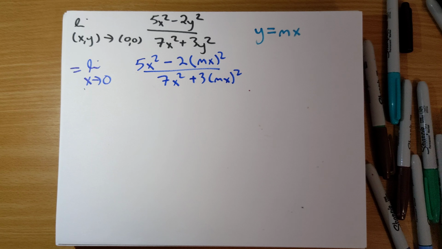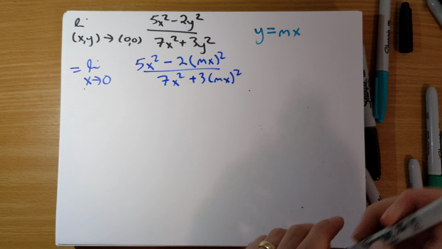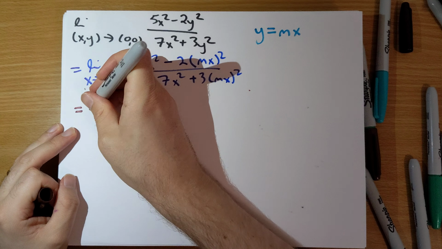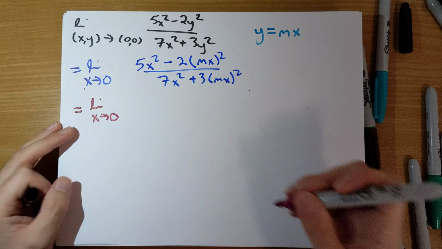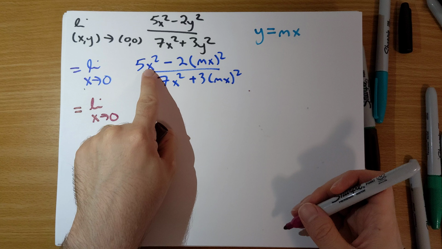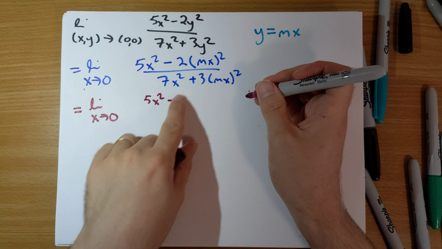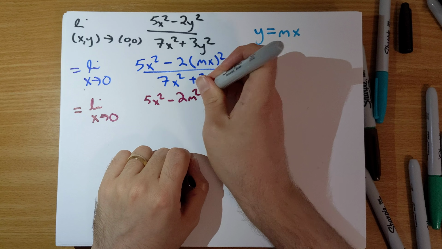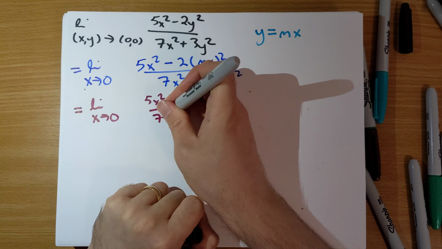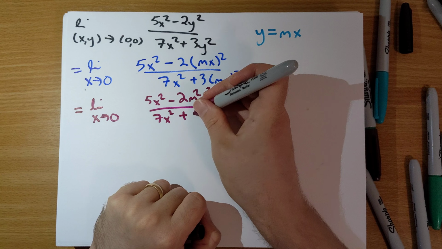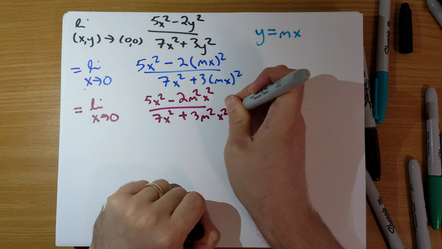Okay, so we end up with the limit as x goes to 0 of 5x squared minus 2m squared x squared over 7x squared plus 3m squared x squared.